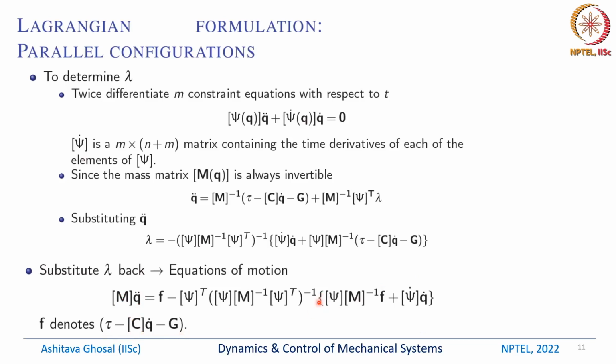But because of the presence of loop closure constraint equations and constraint matrix psi, we get this complicated term. We'll see some examples of this later on, how we can use these loop closure constraint equations to obtain this constraint matrix, and then obtain these equations of motion.